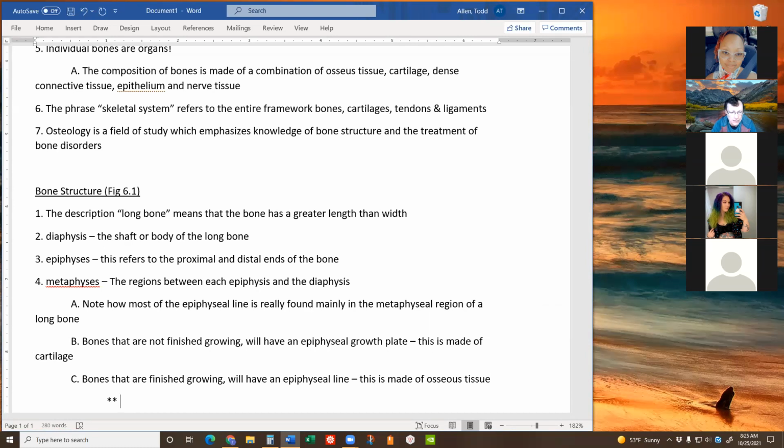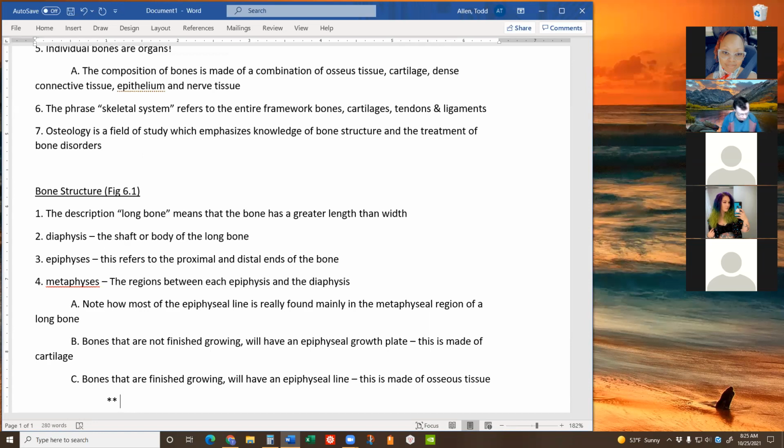The sella turcica. So long story short, as we grow up, we have an epiphyseal growth plate. And as we mature and finish growing, which is going to be at different ages for different people, right? That cartilage will differentiate. It will transform into actual bone tissue, properly called osseous tissue.